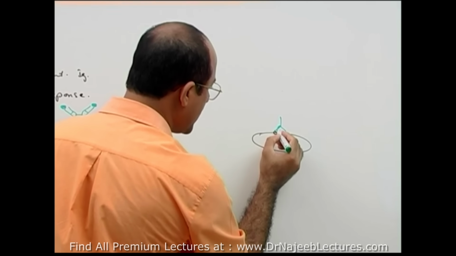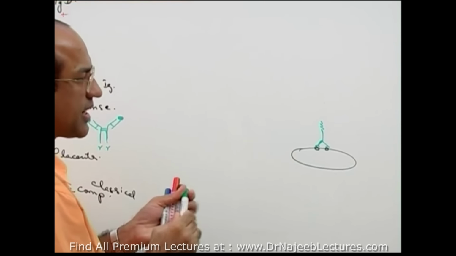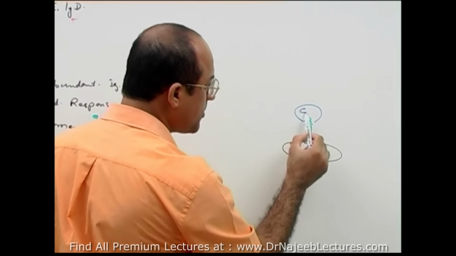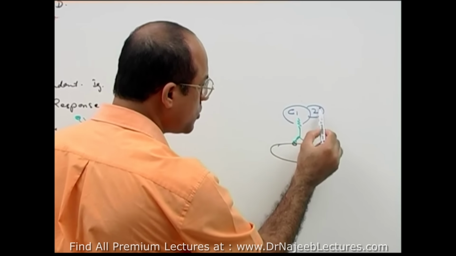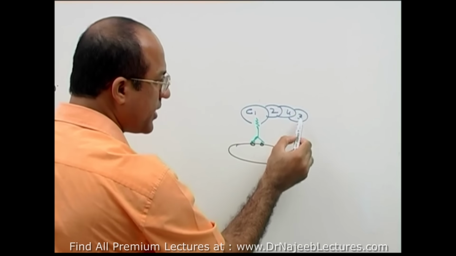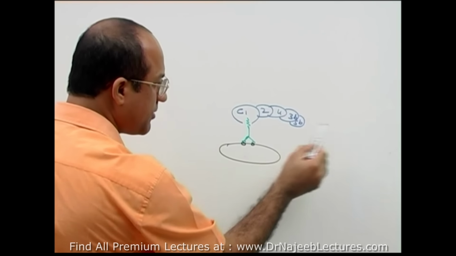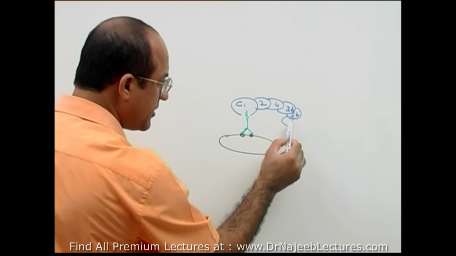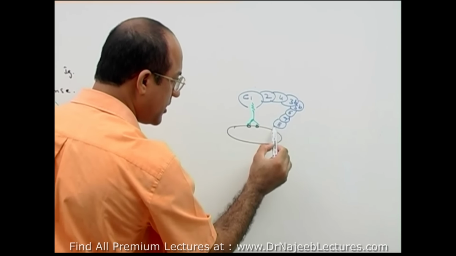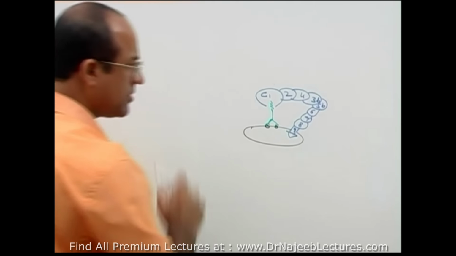As soon as the IgG antibody binds with the antigen, its Fc portion becomes active, and now it can activate complement. So IgG activates complement: C1, C2, C4, C3 (C3a will go away, C3b will be there), then C5b (C5a will go away), and then C6, 7, 8 and 9.